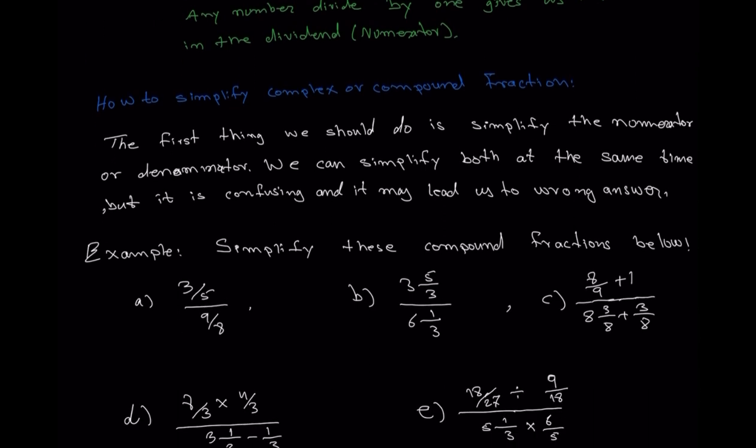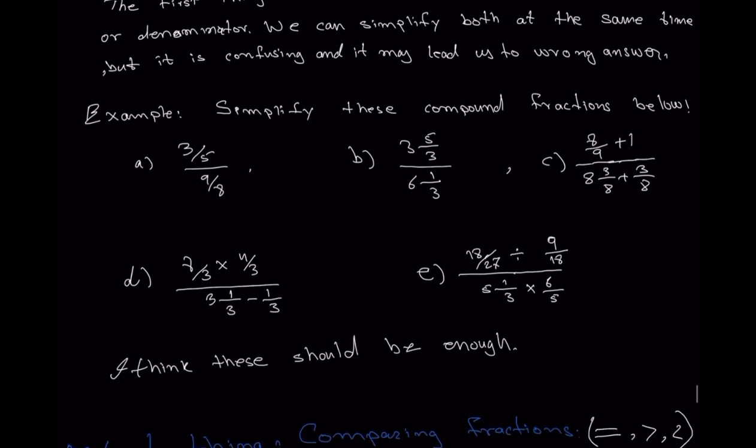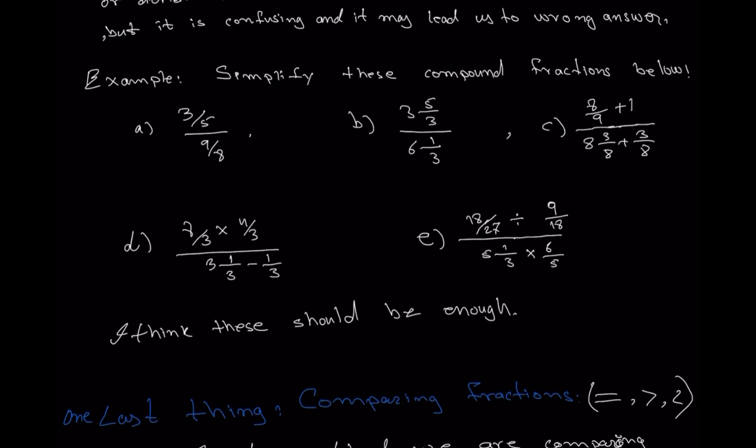Let's try an example here. 3 over 5 over 9 over 8. What we have to do here is the same thing as the division process we did. It will be 3 over 5 divided by 9 over 8, as we said at the beginning of the fractions.